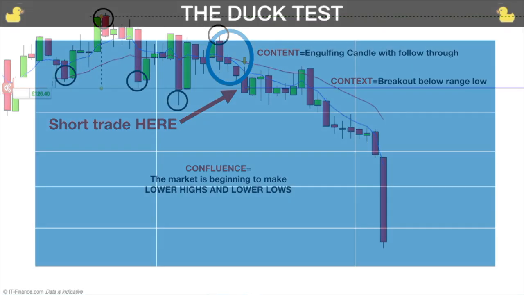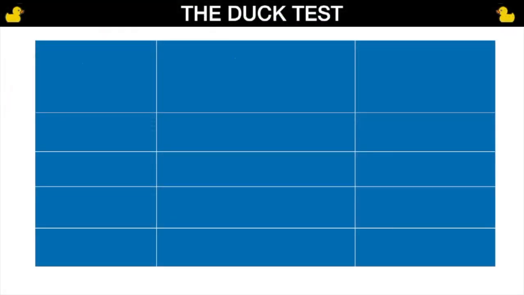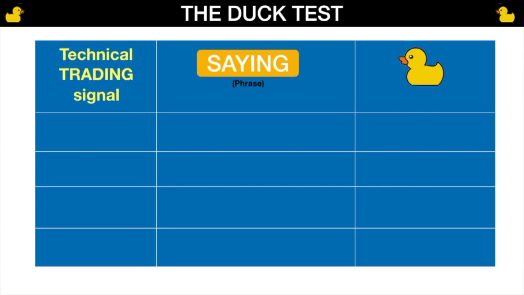What we're talking about here is doing the duck test on your trades. The duck test taps into the potential of the human brain to use intuition to deduce a likely outcome.